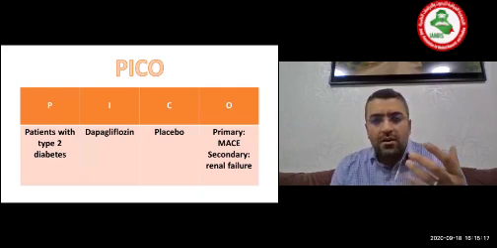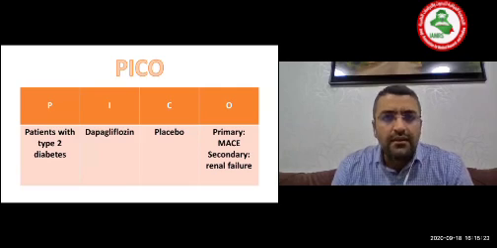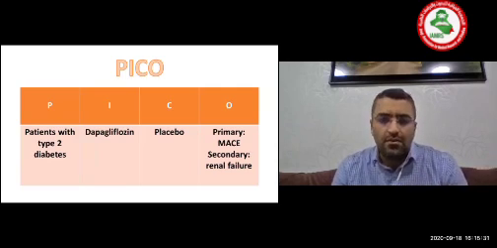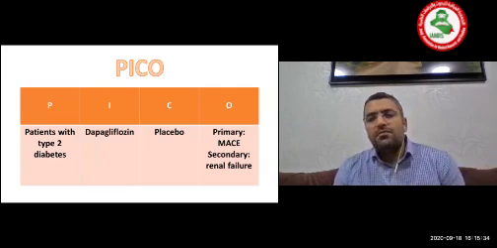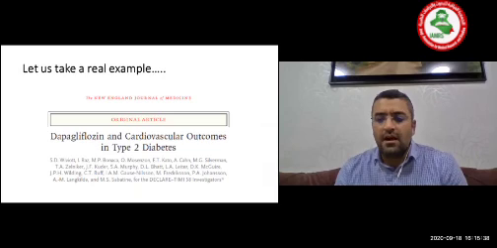And the comparison, the comparator, is the placebo. And here, in fact, the placebo is not nothing. It was the standard of care. It was the best available medication for type 2 diabetes other than dapagliflozin. And the outcome of this study, if you remember, was cardiovascular outcomes.